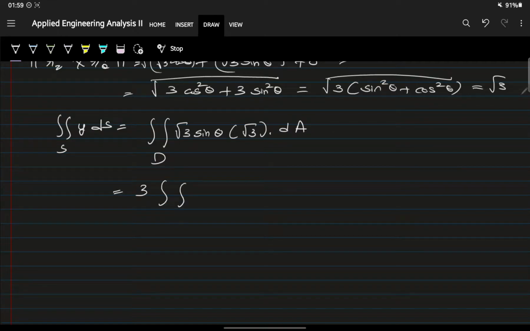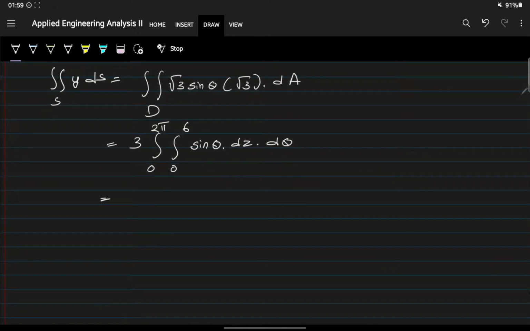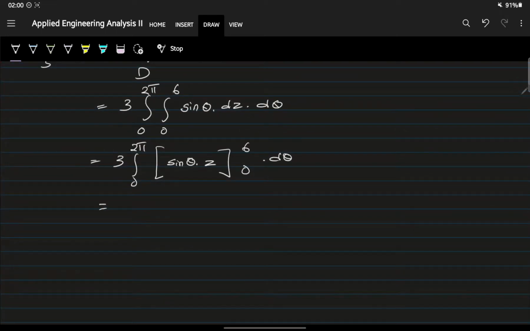Let's take 3 outside. So with respect to dz, let's see. This becomes 3 times 6 sine theta.